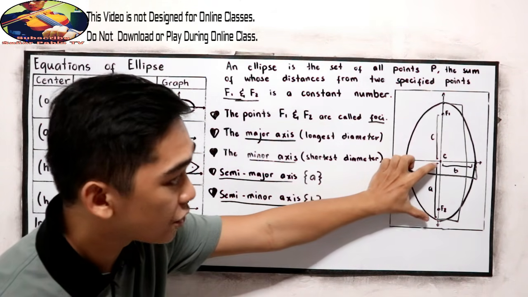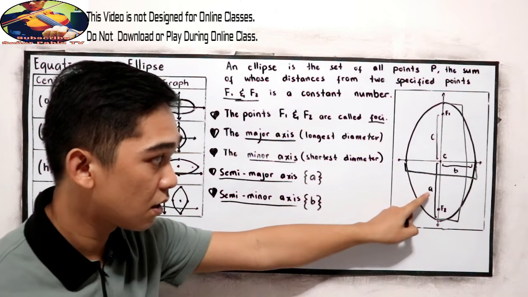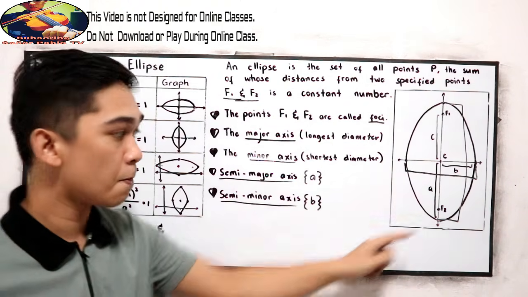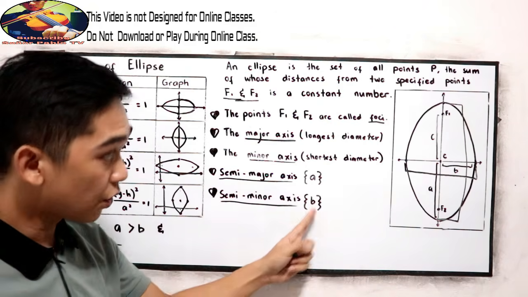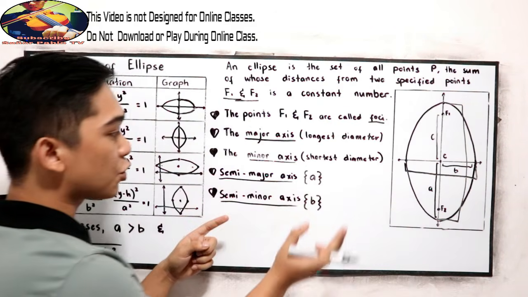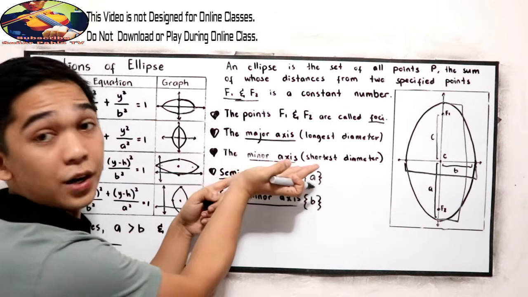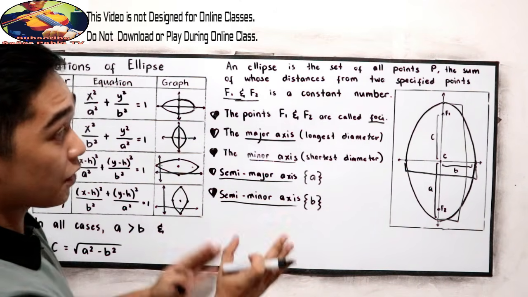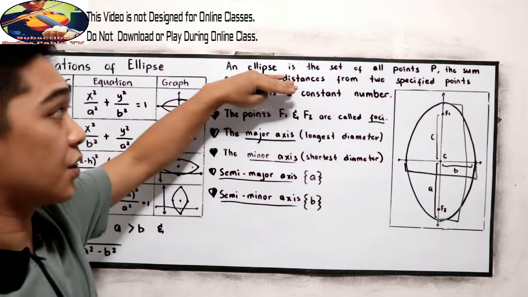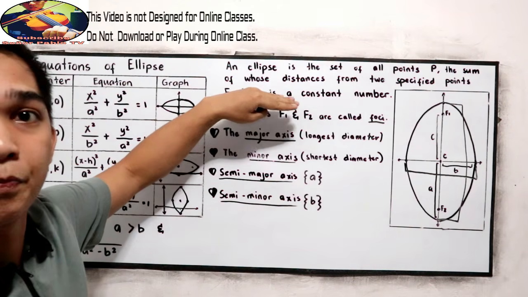So half the measure. So that means the measure of that is A. And also we have the semi-minor axis, or the B, half the measurement of our minor axis. So those are the mathematical terms that you are going to encounter in ellipse.